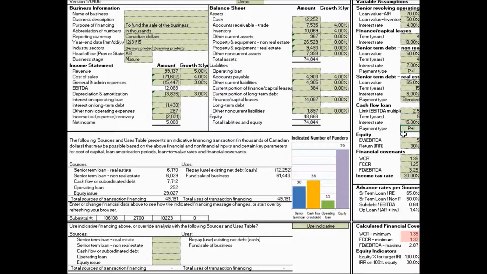Again, these can vary widely, and you can play with them right here, and we should do that right now. If we change the principal plus interest to interest only, you can see that adds $1 million to the finance. So not a lot. Again, the working capital limiter has constrained our abilities here, and we're going to come to that in a minute. So equity, again, we've used a limiter of 5 times.